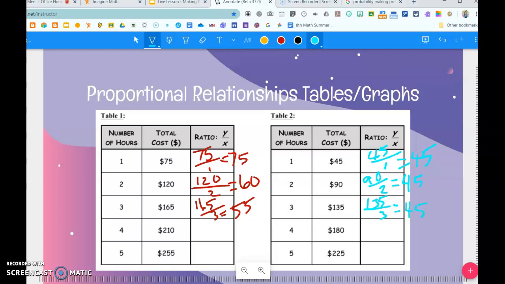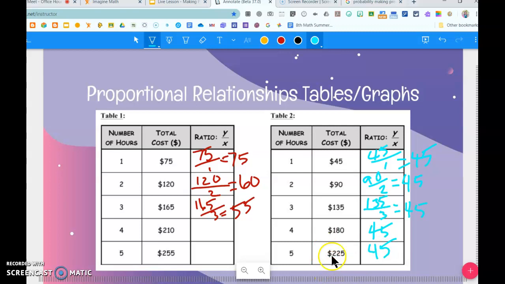So on, which I noticed that this times 2 gives me this. So this times 2 gives me this, which means it is also equal to 45. And then if I multiply this times 5, it gives me this, and this times 5 gives me this. So this one is also equal to 45.